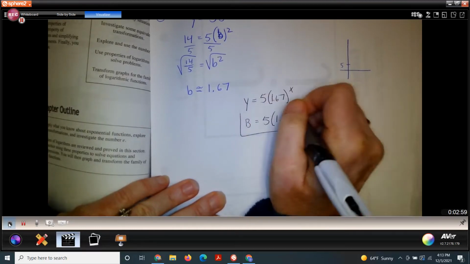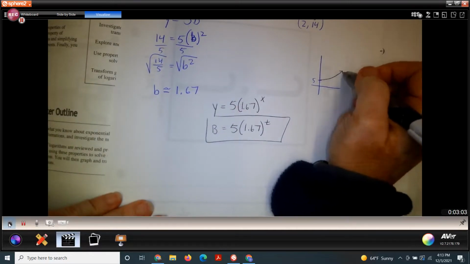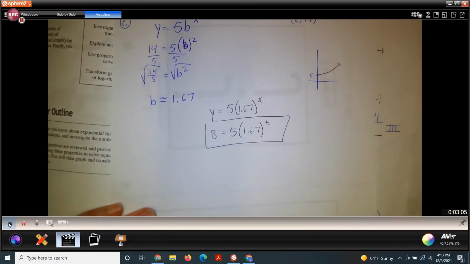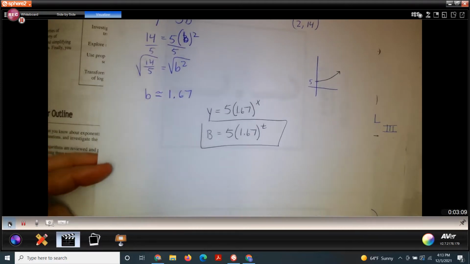And that's all. And then I see that it's growing, so I can just go like that. You could do a table also. I think it wants you to. Okay, I'm going to move on to the next one, though.